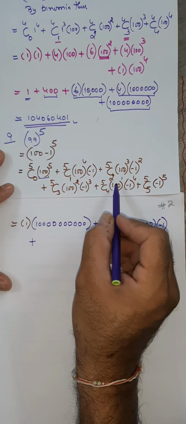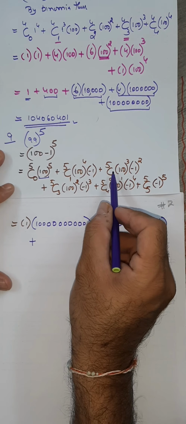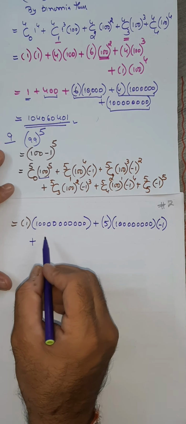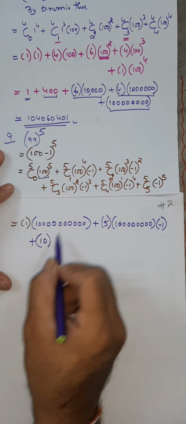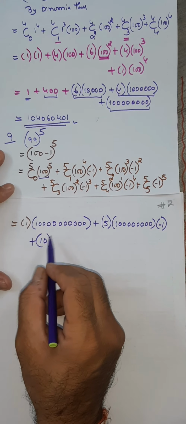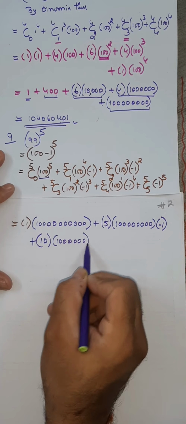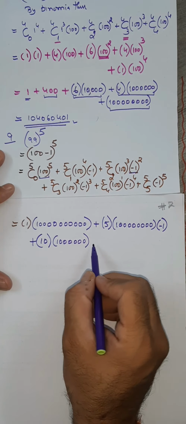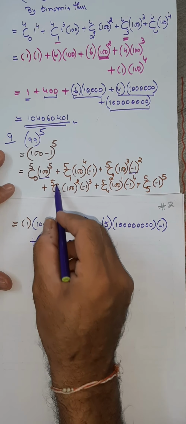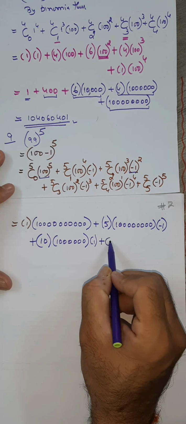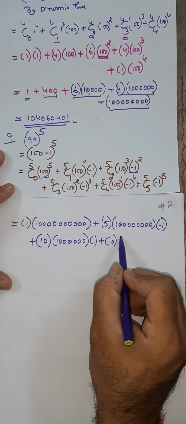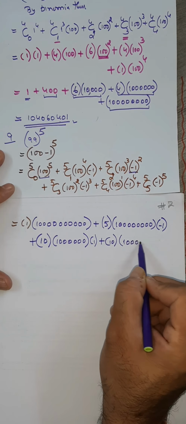What's 5C2? You know it is 5 into 4, 20 by 2, which is nothing but 10, remember. 100 raised to 3 means followed by how many zeros? 6 zeros. This is just 1, remember. 5C3 same as 5C2, which is 10. Here 1 followed by how many zeros? 4 zeros.